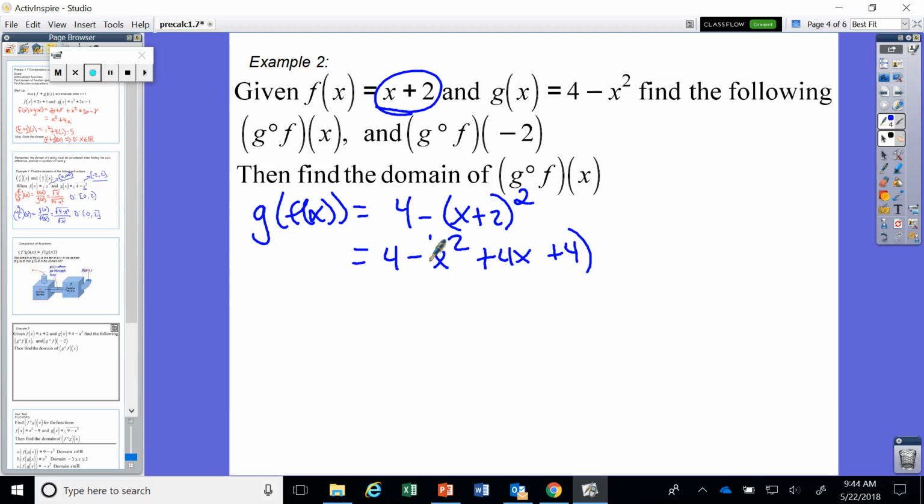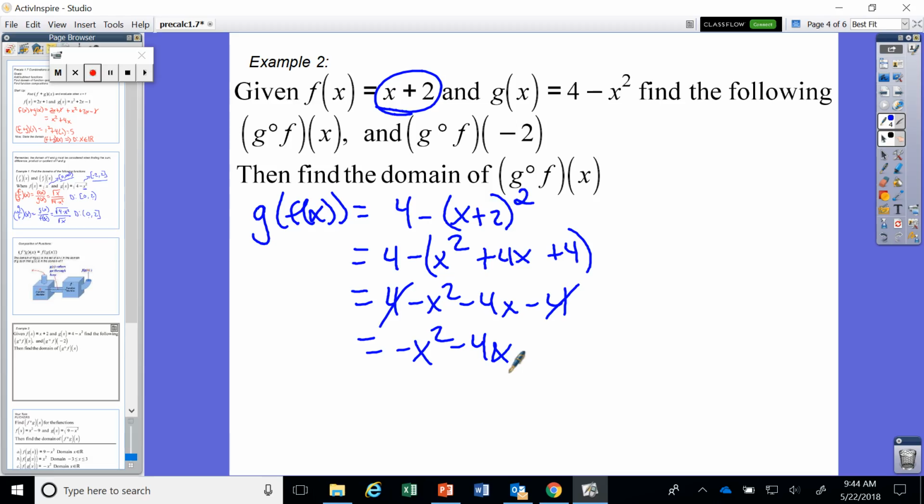And I'm going to throw some parentheses around this just so we don't forget to go ahead and distribute all that on over. So we get 4 minus x squared minus 4x minus 4. These 4's are going to cancel out in the end, and then we're left with negative x squared minus 4x.